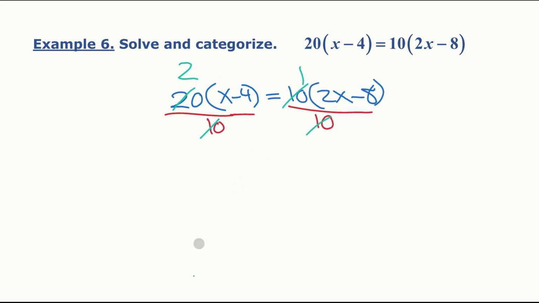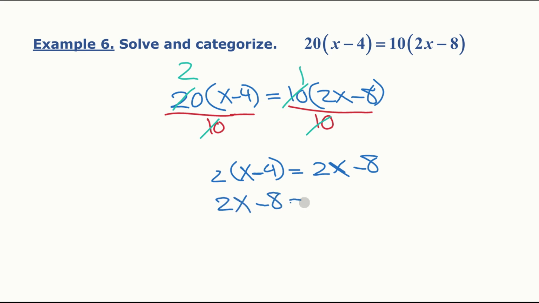All right, so now we notice that we get 2 times (x minus 4) equals 2x minus 8. So therefore 2x minus 8 equals 2x minus 8. Now we already have enough to go ahead and claim that this is an identity, but it is nice if we can just get to an identity with no variables in it, and that's very quick and easy.